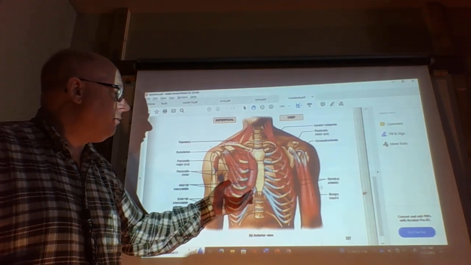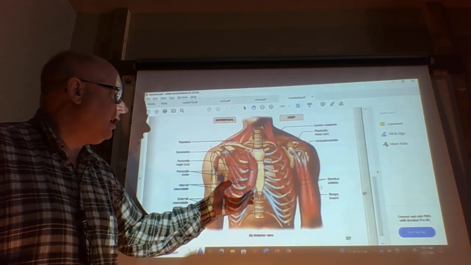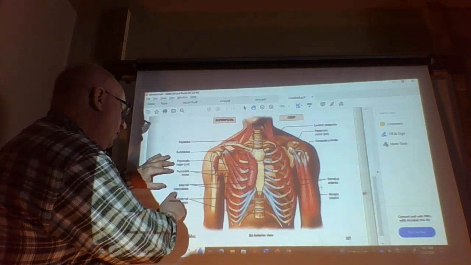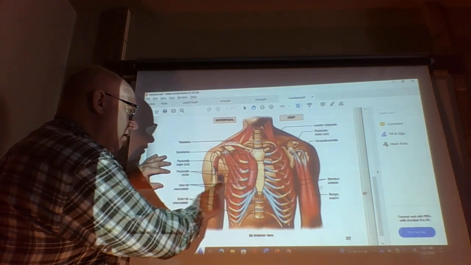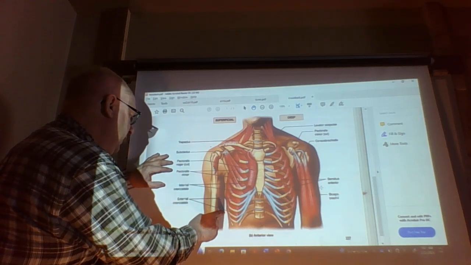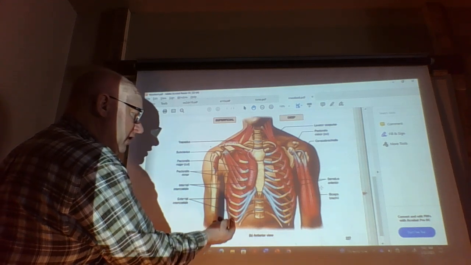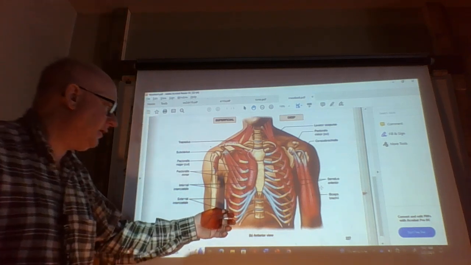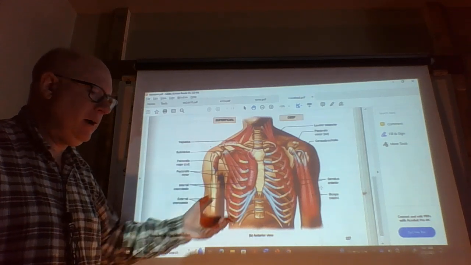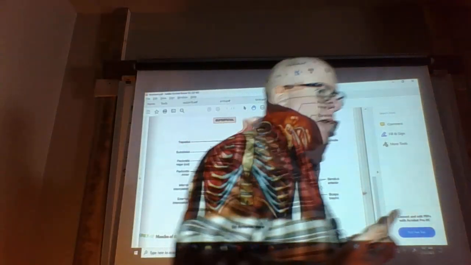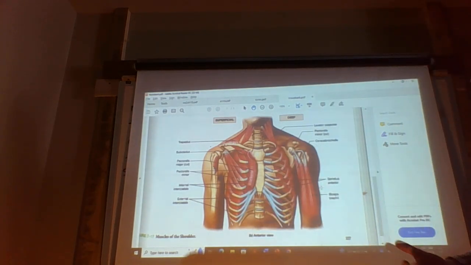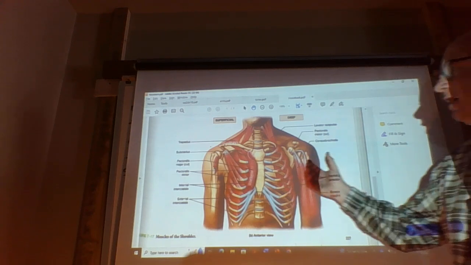So that's a major muscle of respiration, as well as all of these internal intercostal muscles, because a lot of them, as you can see, are actually underneath the rib cage. You can't tell from this diagram, but they actually hook up to your ribs. As the diaphragm pulls down, it decreases the pressure in your lungs.